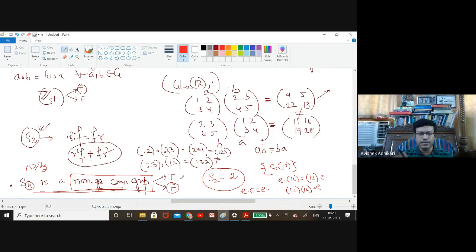You know the answer, but due to the time pressure, you might have missed this point. It was given 2, and you know that for n greater than or equal to 3 it is non-commutative, but you missed this point and you just ticked true. But that should not be the case.